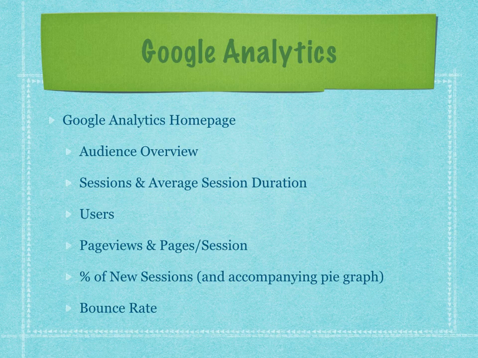On the main page of Google Analytics, you will see an overview of your audience, the number of sessions in which people have viewed your website, the average length or duration of each session when someone was on your website, the number of separate individuals or users you had visiting your website, how many different pages on your website people visited when they reviewed your web page, how many of your visitors were brand new visitors, and how many were people who had previously viewed your web page, and the bounce rate for your website.